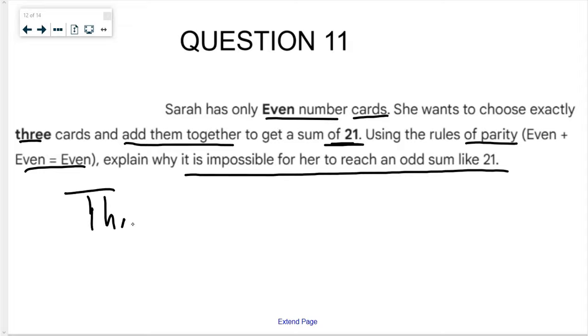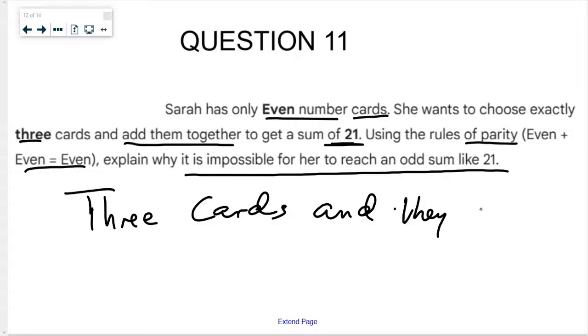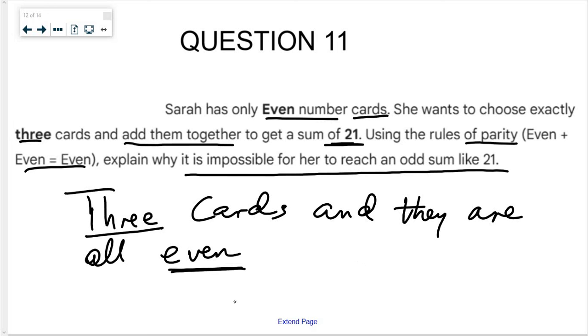So, in this case, we are given 3 cards, and they are all even. So with 3 cards which are even, is there a possibility of adding these 3 cards and ending up reaching a sum of 21? And remember, 21 is an odd number. Is there a possibility?